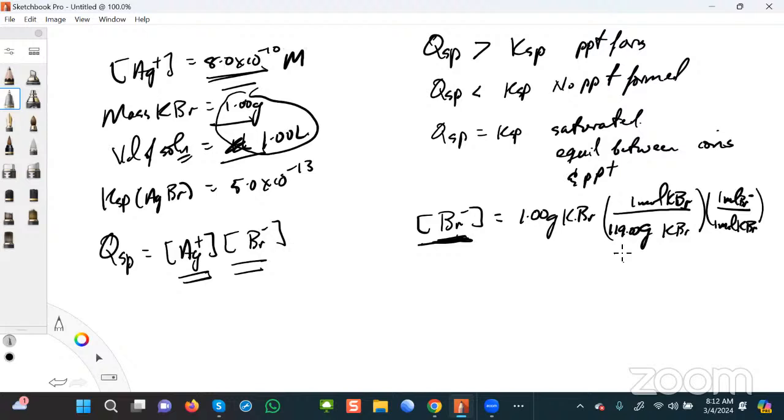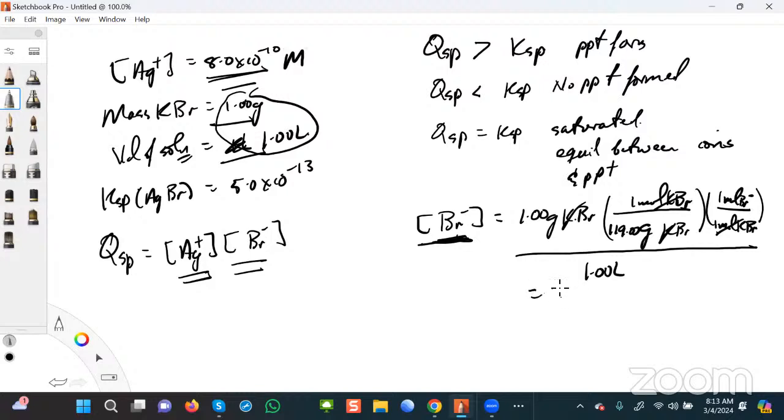In other words, what would you divide this by? Because this is going to cancel with that, that's going to cancel with that. So up to this point, you have the moles of bromide. Exactly. You divide by the volume, which is 1.00 liters, right?